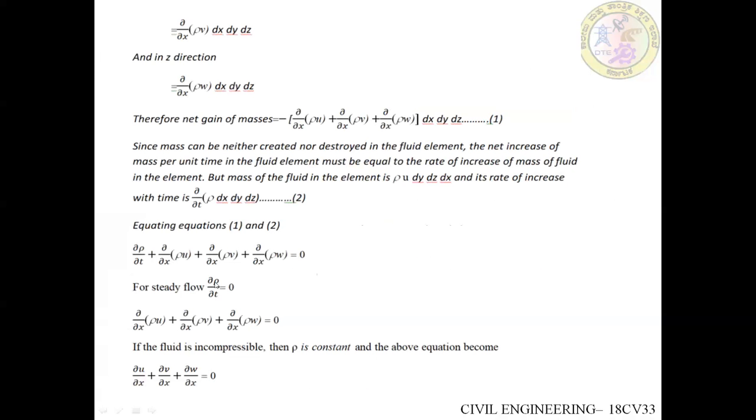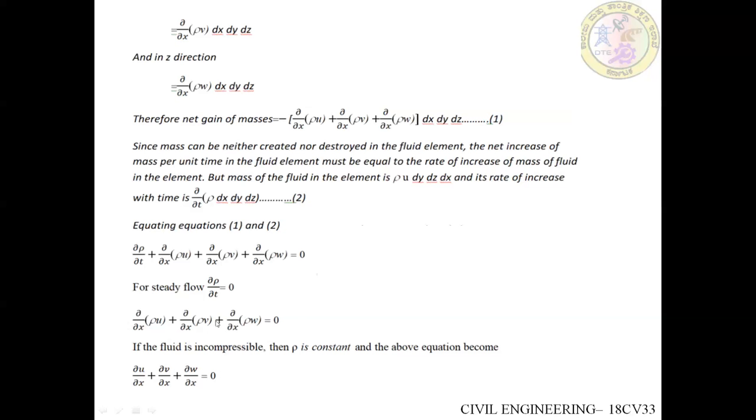For steady flow, dou rho by dou t is equal to 0. If you substitute that value 0 here, the equation reduces to dou by dou x of rho u plus dou by dou y of rho v plus dou by dou z of rho w equal to 0. If the fluid is incompressible, again rho becomes constant.